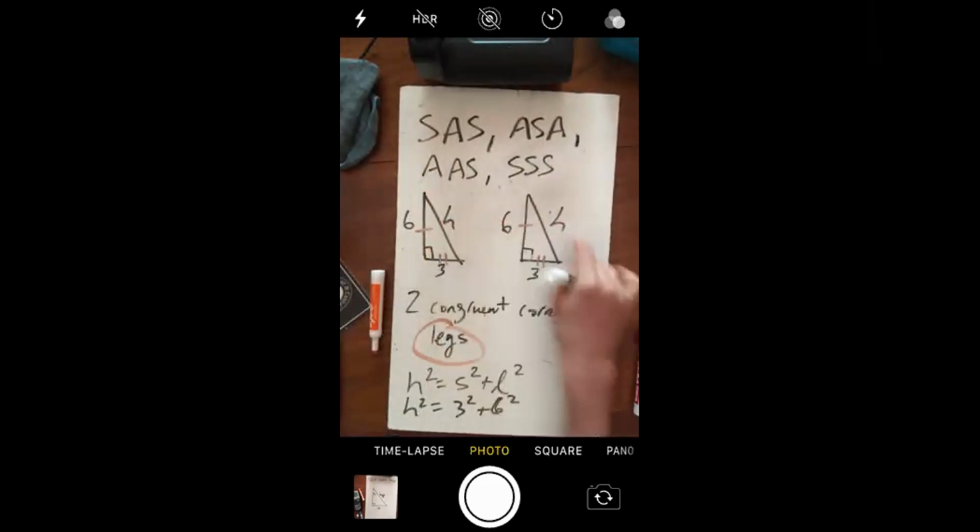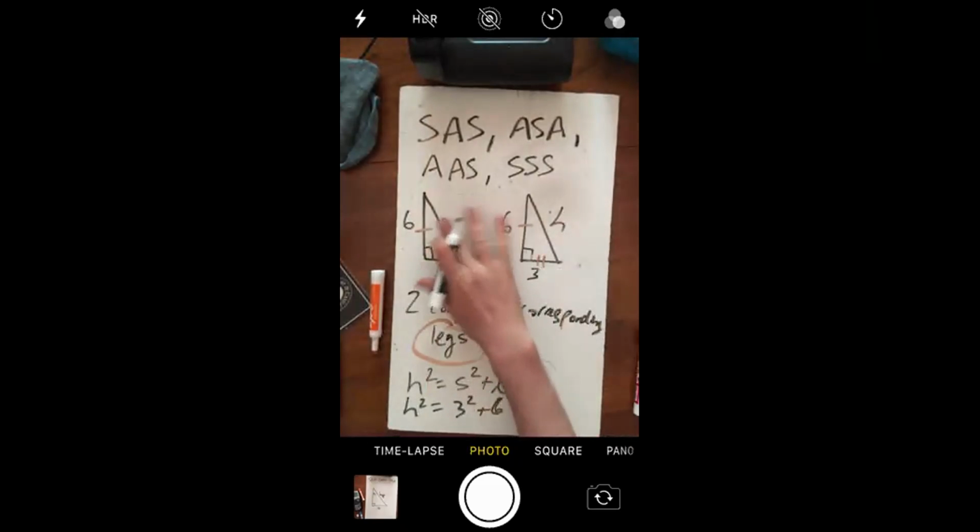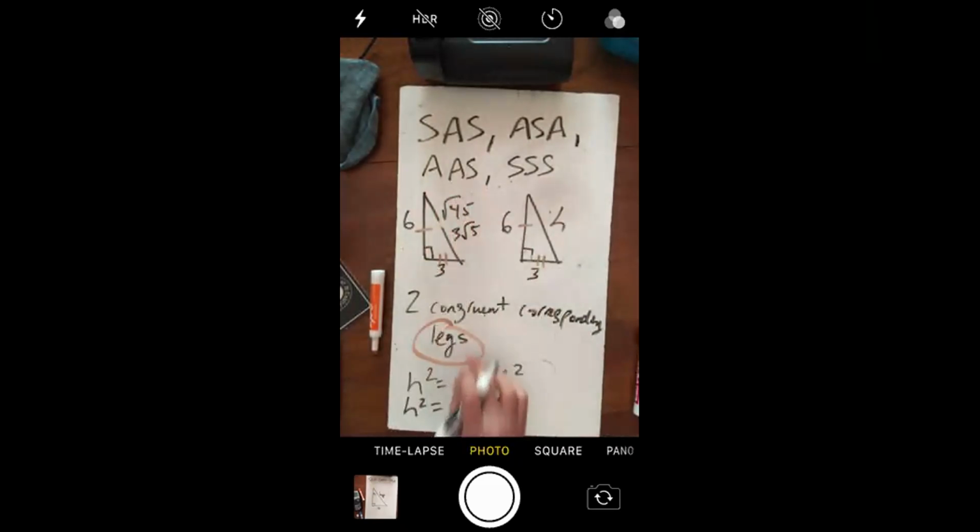So the hypotenuses will be the same. And these will actually end up being, you could figure it out, square root of 45, which is the same thing as 3 radical 5. But the emphasis is that if we have two congruent corresponding legs, that means we also have right angles, and we have side, angle in the middle, and side. So yes, triangles are congruent.